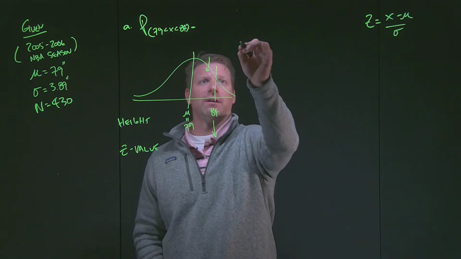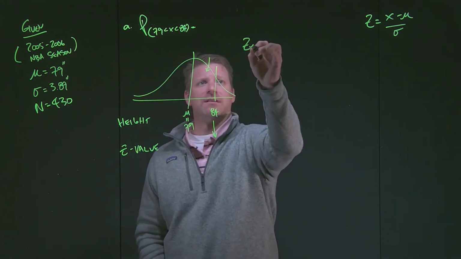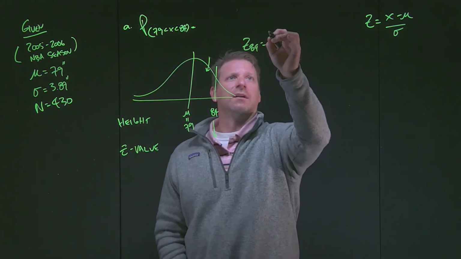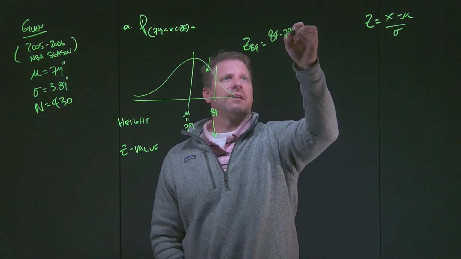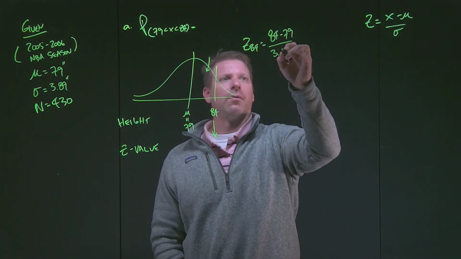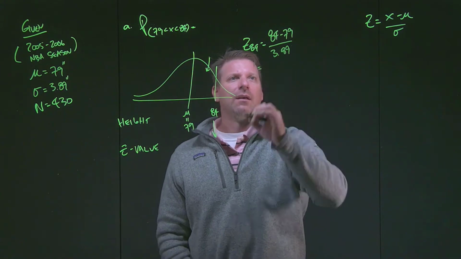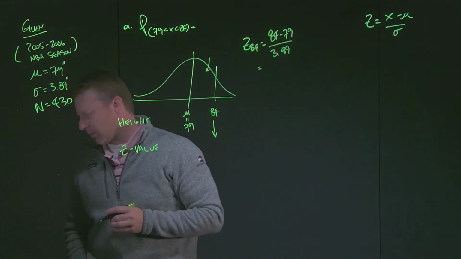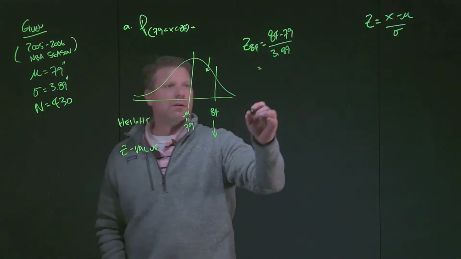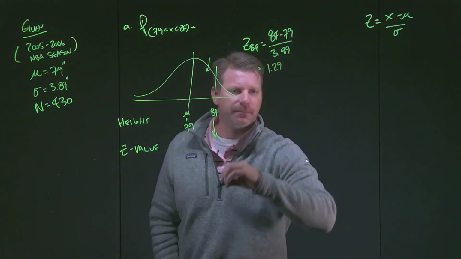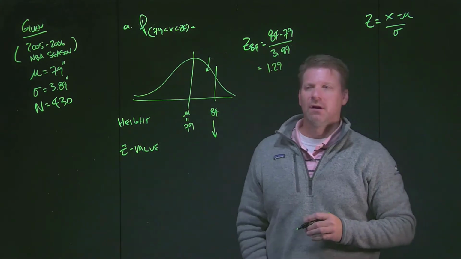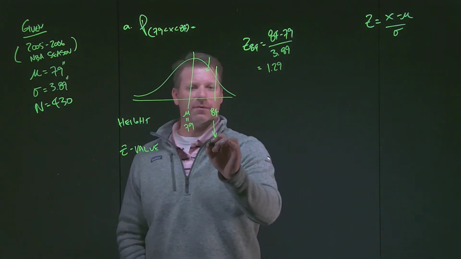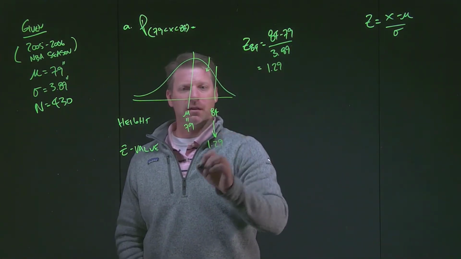So we're going to calculate our z-value for 84 inches: 84 minus 79 divided by 3.89. If we do that calculation, it tells us that our z-value ends up being right around 1.29. That's my standard normal value that corresponds to 84 inches, 1.29.